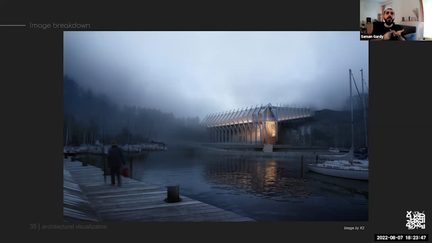If you have a nice light setup, if you have a good composition, then you have a nice image. So don't be afraid, and don't limit yourself because of software and computers. You might say, well, I don't have a good computer, I don't have 3ds Max, so I can't create a nice image.